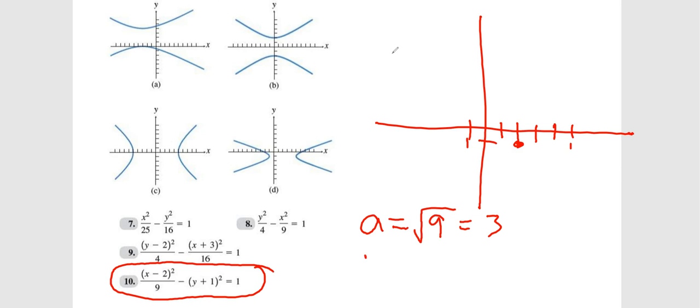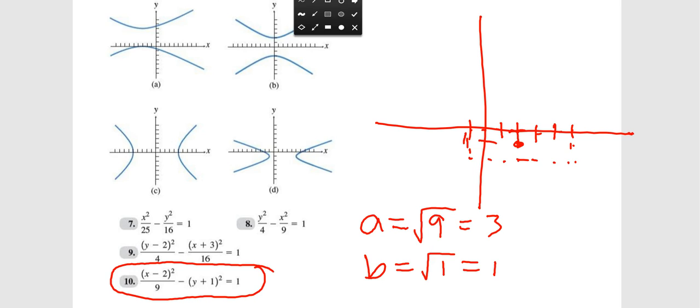What is the b value? Square root of 1, which is just 1. So that's 1 unit up and 1 unit down. So here's my box. Oops. Let's pick a different color.